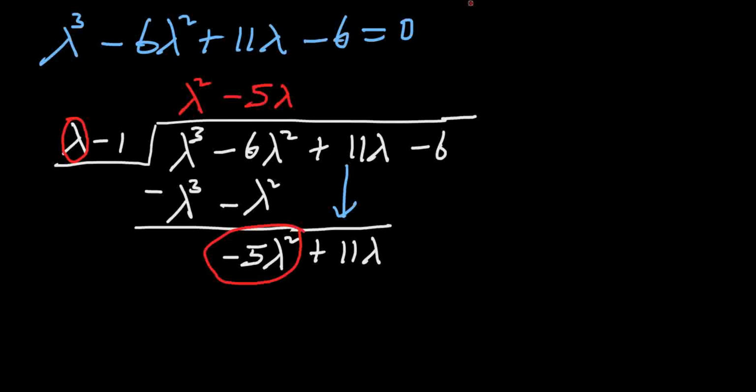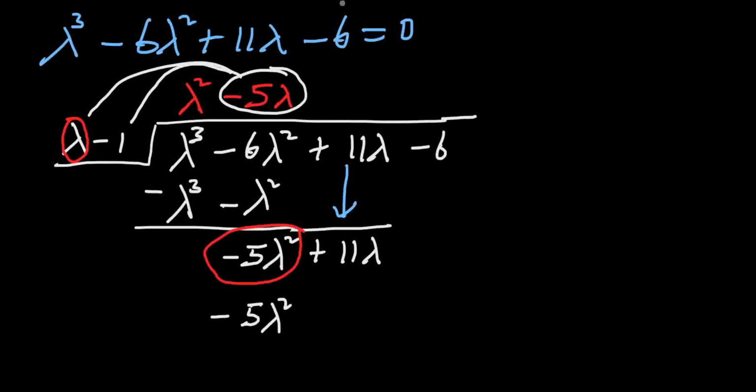So if we use negative 5 to multiply lambda, that would give us negative 5 lambda squared. And also use it to multiply negative 1, that will give us positive 5 lambda.